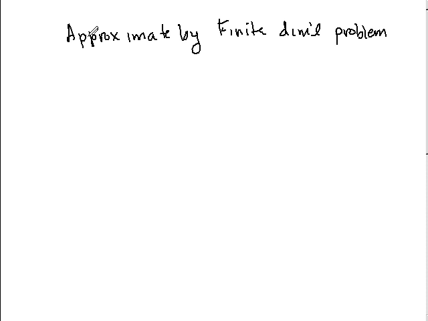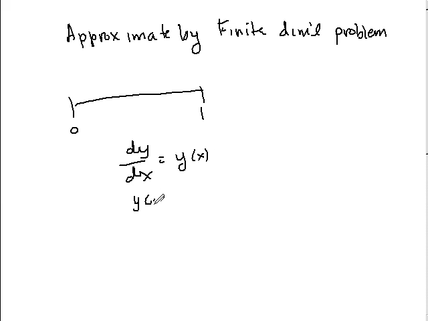So, for example, I might do this, and this is a classic example. I would take a region here, say 0 to 1, and I would look at the equation dy/dx equals y of x, and say y of 0 equals 1, and that, of course, actually has the unique solution e to the x.